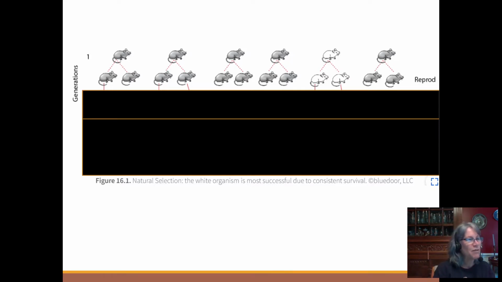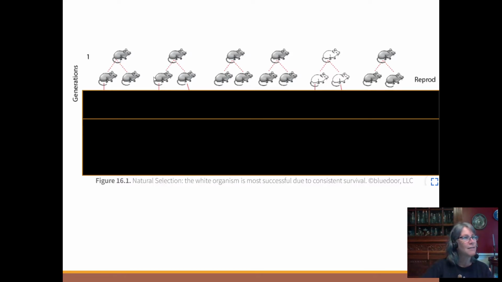So here's an example of a mouse population. This is showing natural selection. And here we have 1, 2, 3, 4, 5, 6 mice in our initial population, and 1 out of the 6 is white. So if everybody is reproducing at their maximum rate, in this case it's 2 offspring, then in the next generation we're still going to have white, but everybody else reproduced at the same rate, so the percentage of the individuals that are white is still the same.